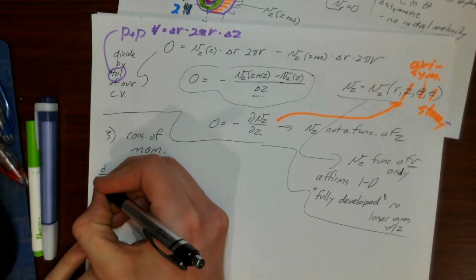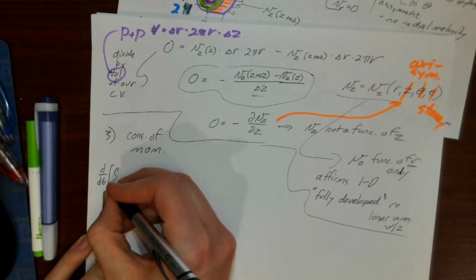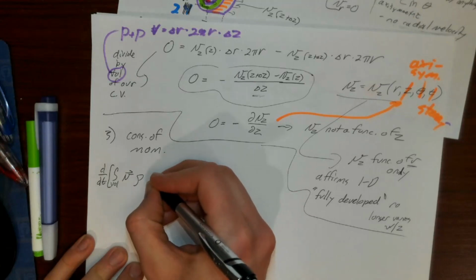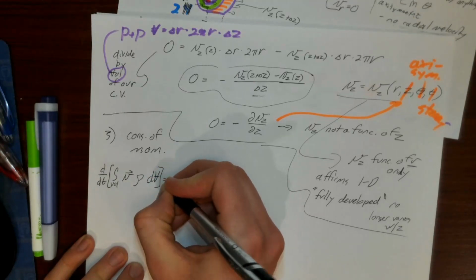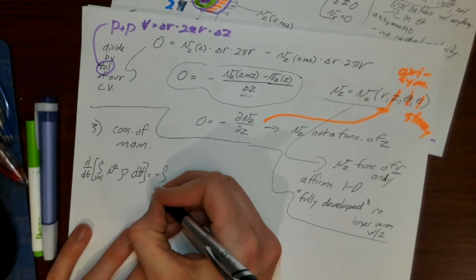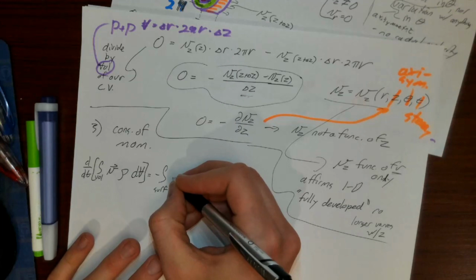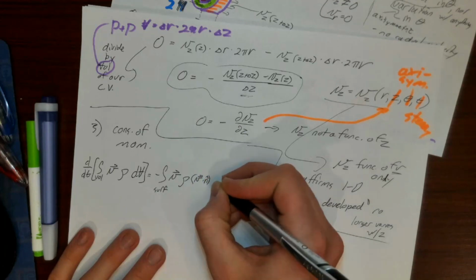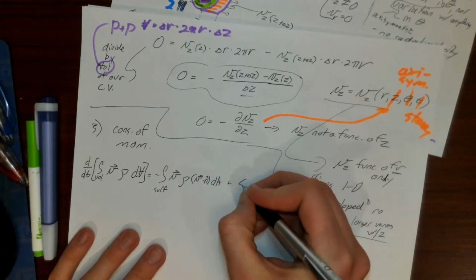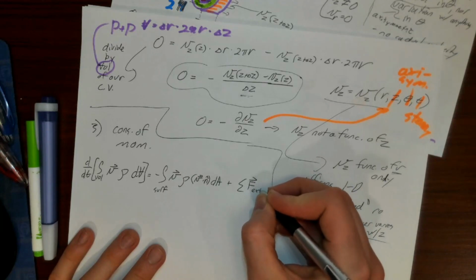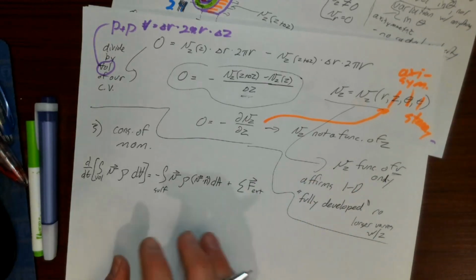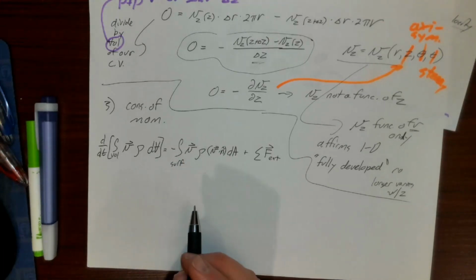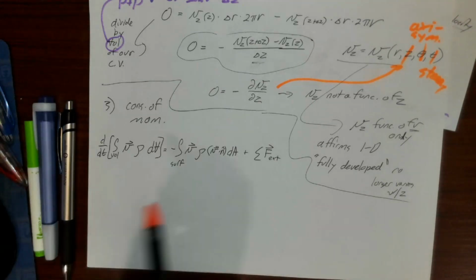So conservation of momentum: d/dt of an integral over the volume of vector velocity times rho dV is equal to minus an integral over the surface of vector velocity rho v dot n dA plus the sum of any external forces. And we're keeping the vector versions, which is secretly all 3 conservation of momentum equations in one. So take a moment now, pause and ponder.